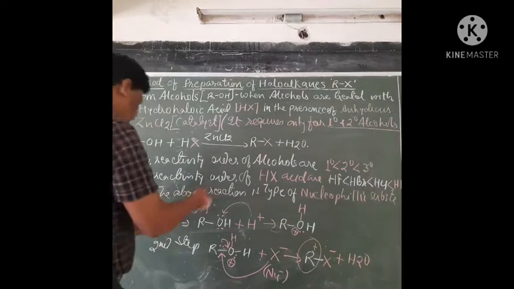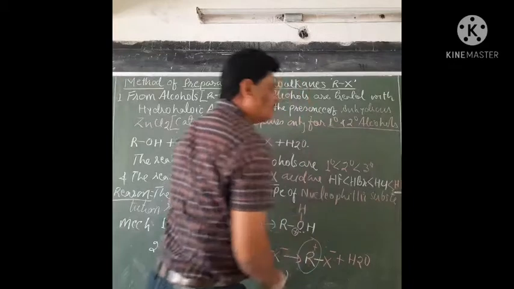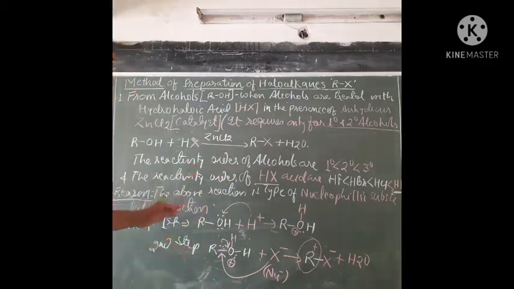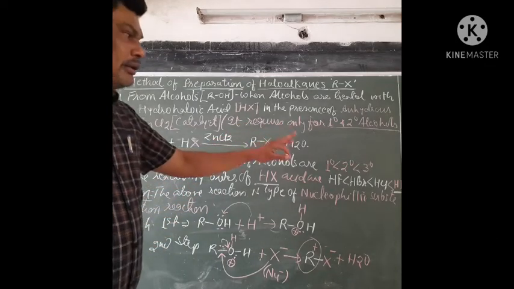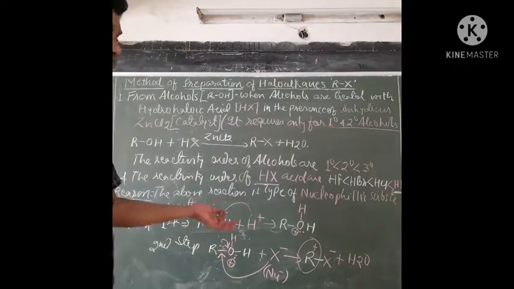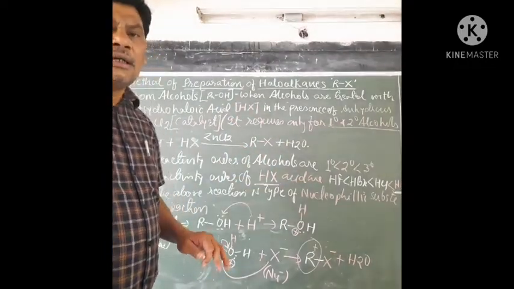Similarly, consider the order of reactivity of HX. Why is HI the most reactive hydrohalic acid? It is because HI can break very easily, as it is the strongest hydrohalic acid.